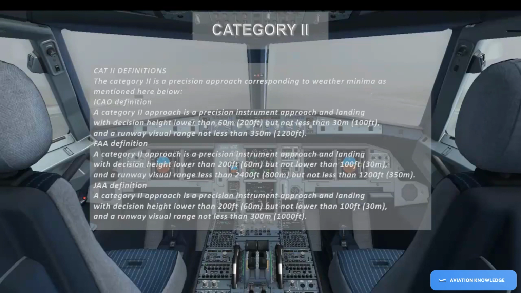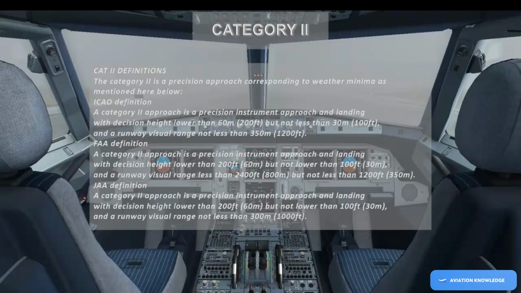FAA definition: a Category 2 approach is a precision instrument approach and landing with decision height lower than 200 feet, 60 meters, but not lower than 100 feet, 30 meters, and a runway visual range less than 2,400 feet, 800 meters, but not less than 1,200 feet, 350 meters.